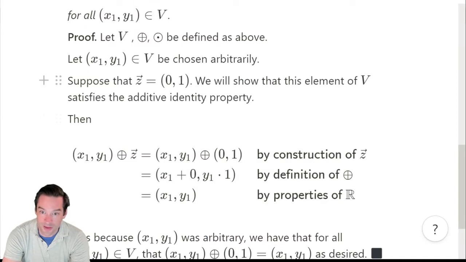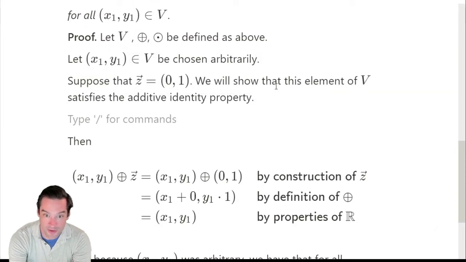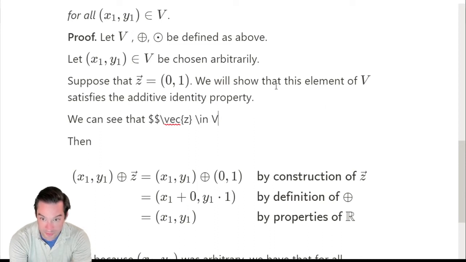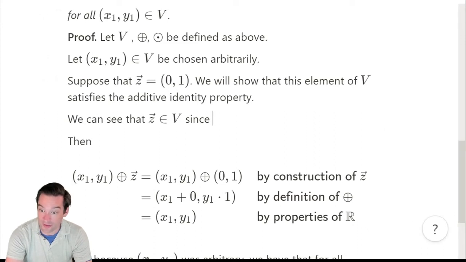So I'll just wedge in another paragraph here and say that z belongs to v because. So we can see that z is an element of v since, and now is a place where we have to go back to the definition of what was the set v, because that's pretty important, right?